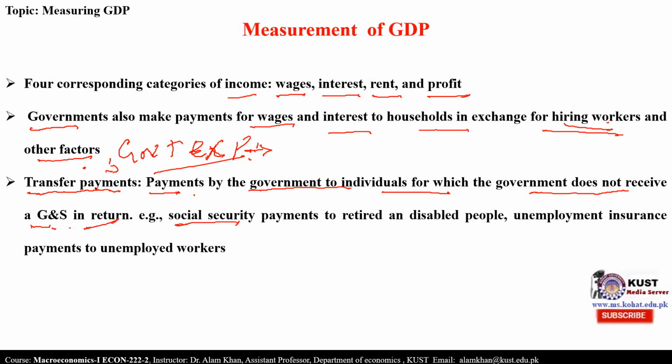For example, social security payment to the retired and disabled people, like in our particular economy, scholarships, unemployment insurance payments, that is friends benefits, etc., for which the government pays those individuals, but as a result there is no service or return from that.